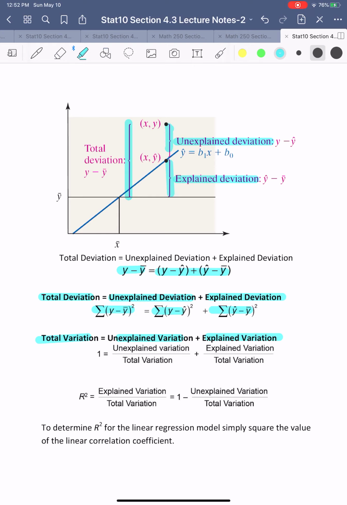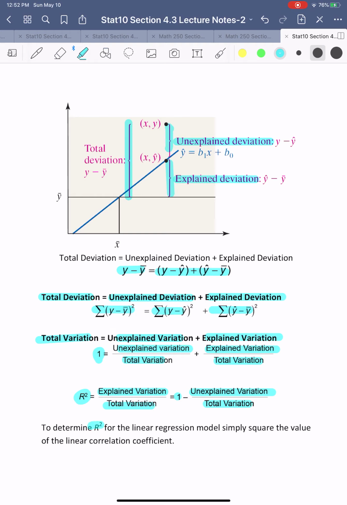Taking the total variation as 1 and writing it as fractions, R squared is the ratio of the explained variation to the total variation, which is 1 minus the ratio of the unexplained variation to the total variation.